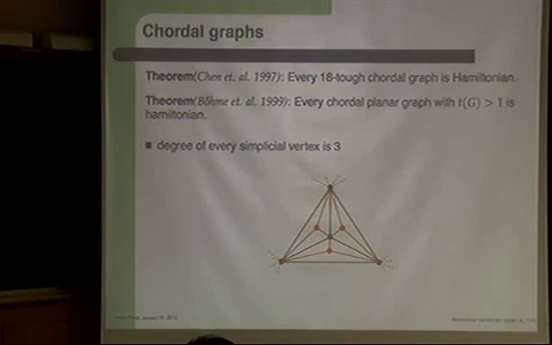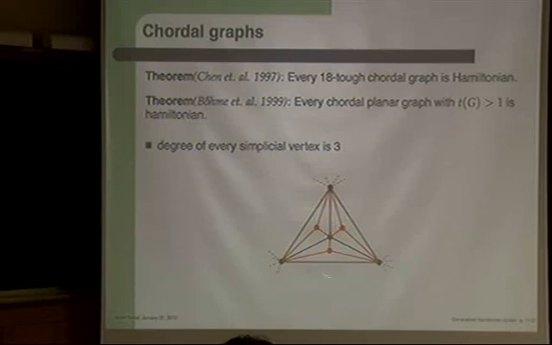Now it's quite handy. You can construct this graph by adding only simplicial vertices of degree 3. And if you do it in a clever way, I mean that in one step you won't add one simplicial vertex, but you will add all simplicial vertices into the neighborhood of a simplicial vertex in the graph.